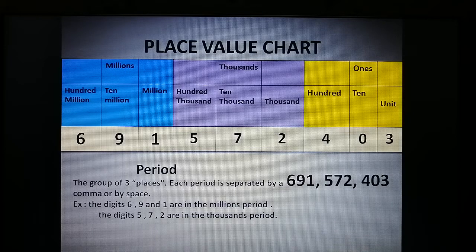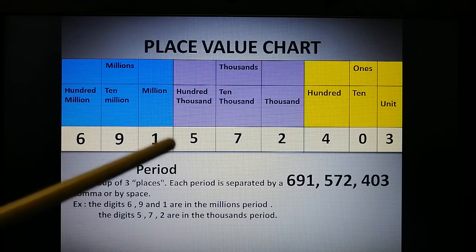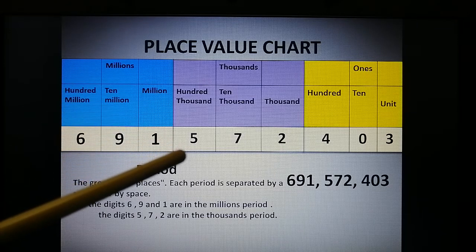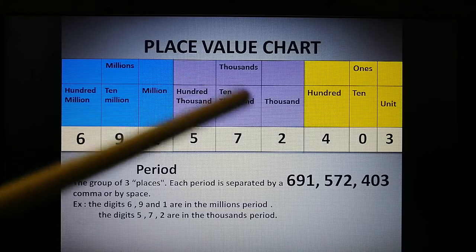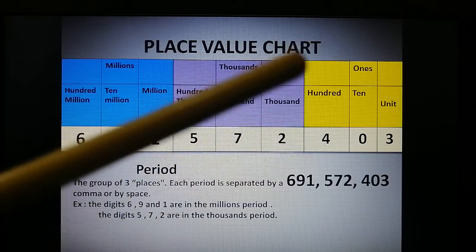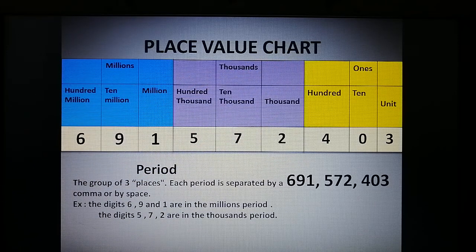This is the proper way to write a number, using both comma and space. Millions, thousands, ones are the periods.